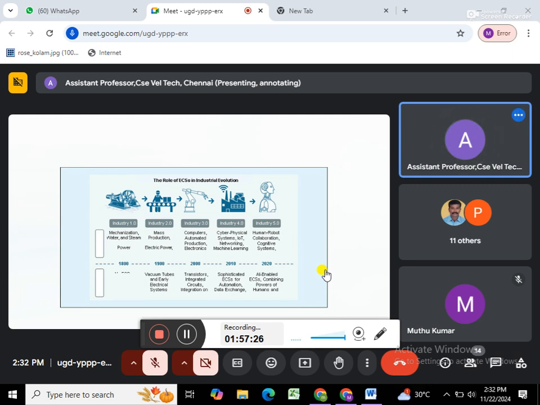When it comes to human-robot collaboration, even yesterday there was one story that happened in Japan, I think.